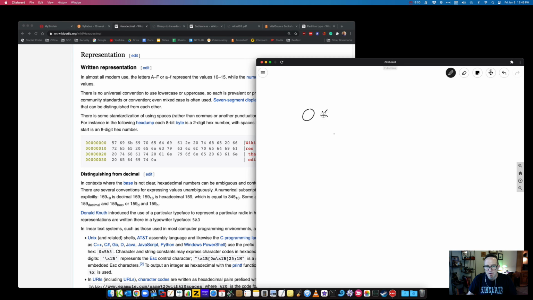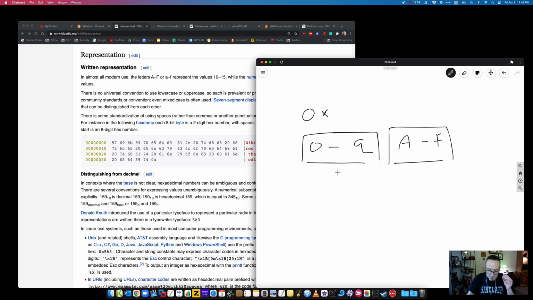Usually you'll see it start with a 0x, and it's going to be 0 through 9 and A through F. We break those into 2-character bytes.